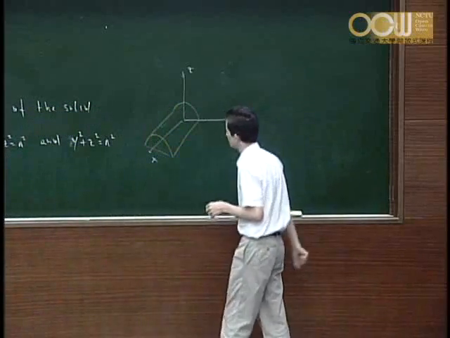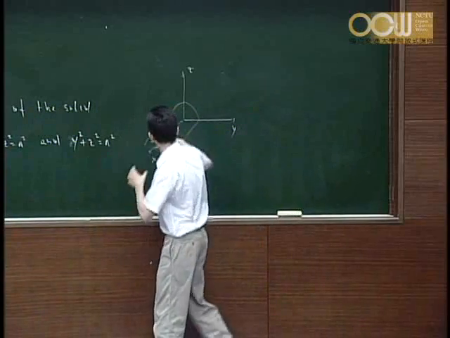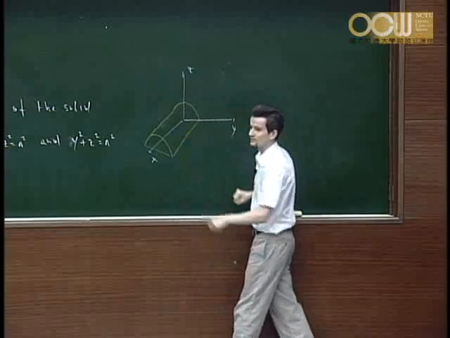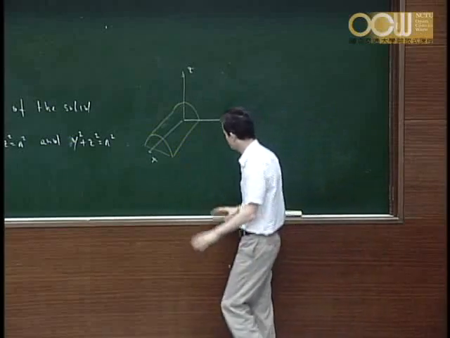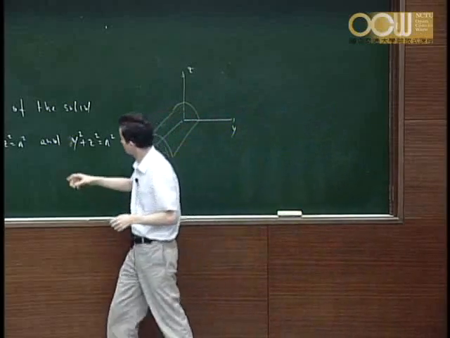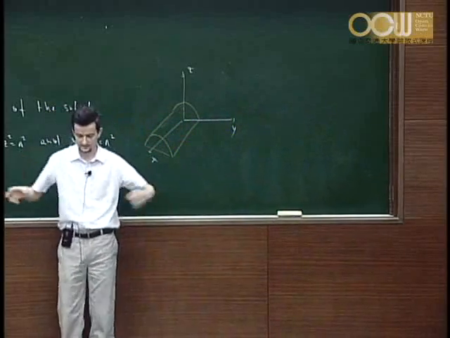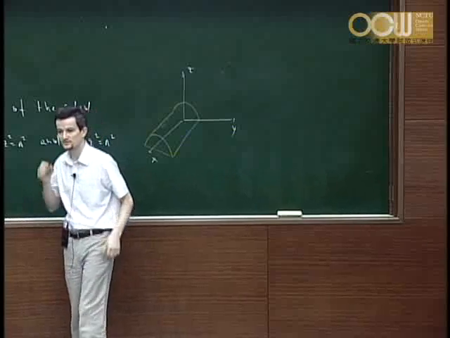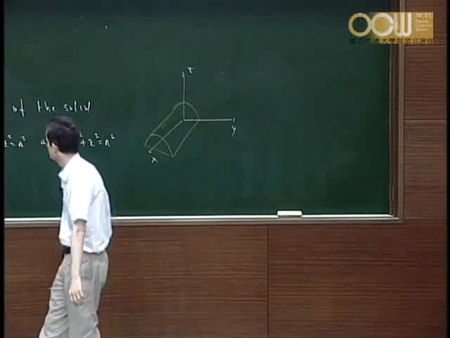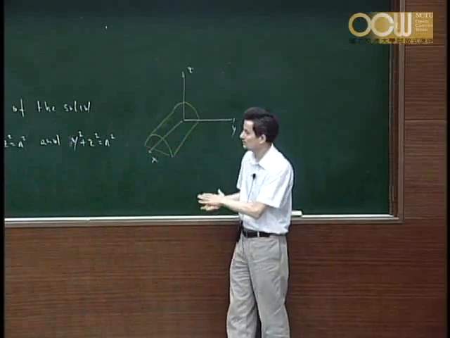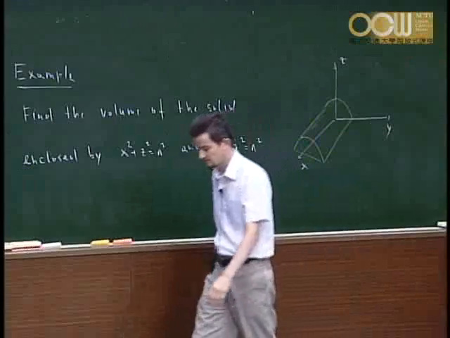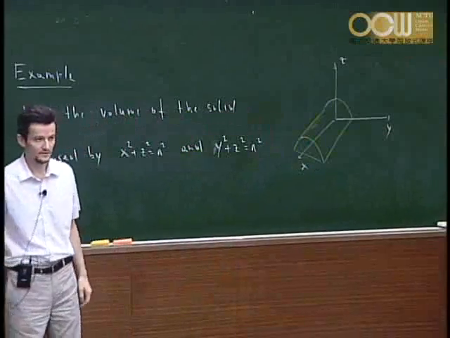Okay, so this is this one, and you have another one here. Because they have the same radius, you have one cylinder here and another one perpendicular to it, and they enclose a solid, and we should find the volume of the solid.